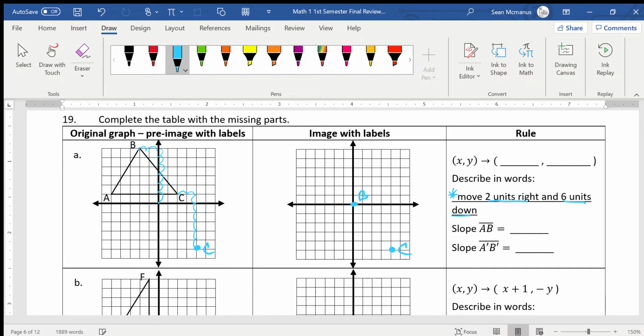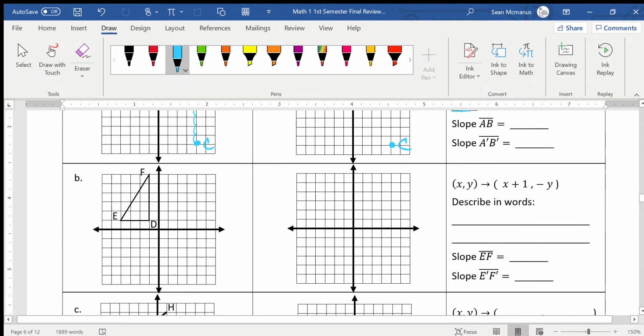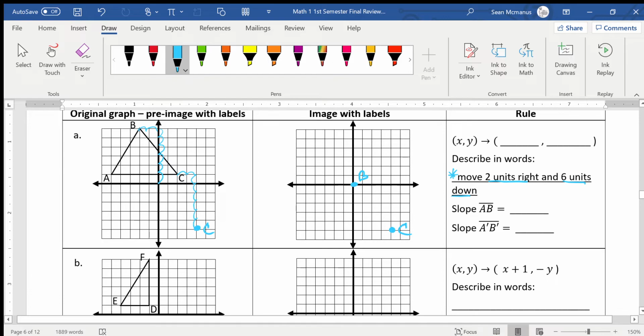B. And then, so I'll put that there. And then A, same thing. So to the right 2, and then down 1, 2, 3, 4, 5, 6. So it's on the same level as C and over 1, 2, 3.